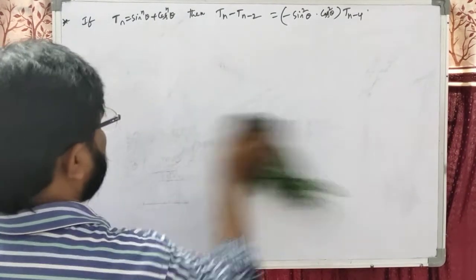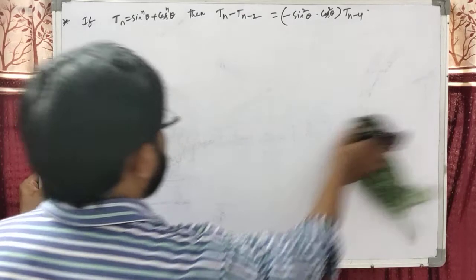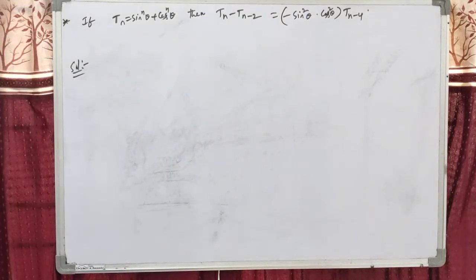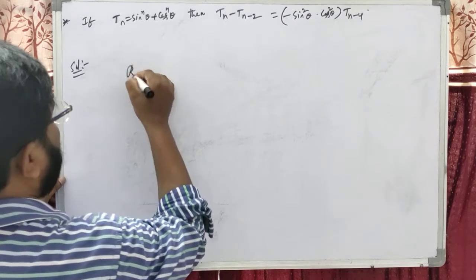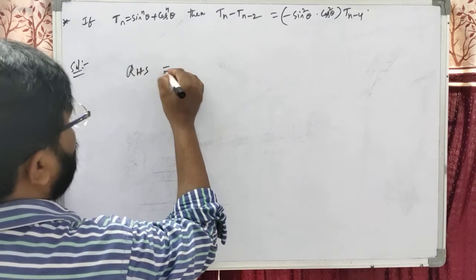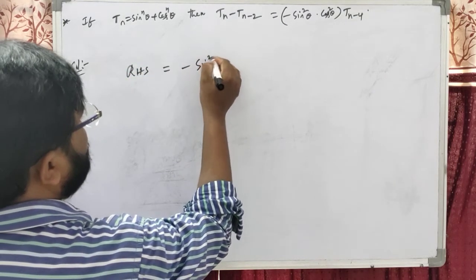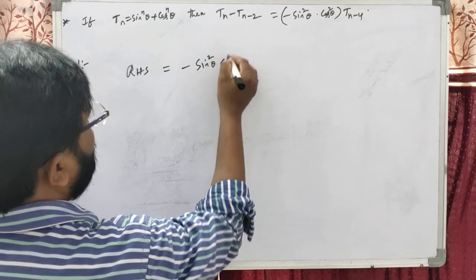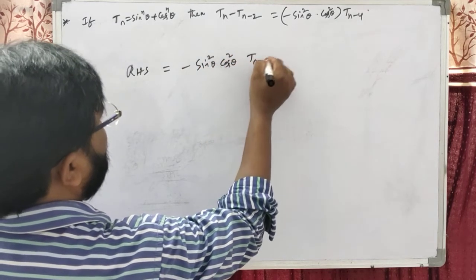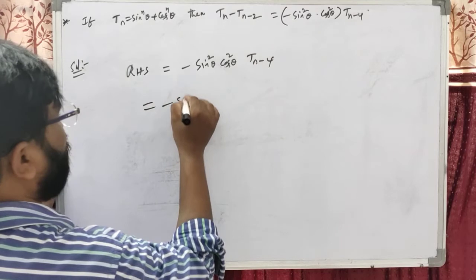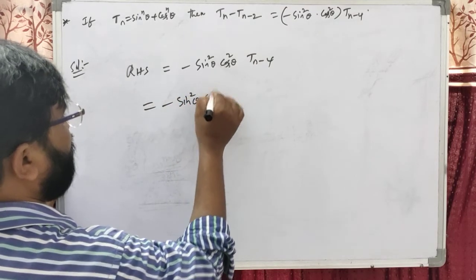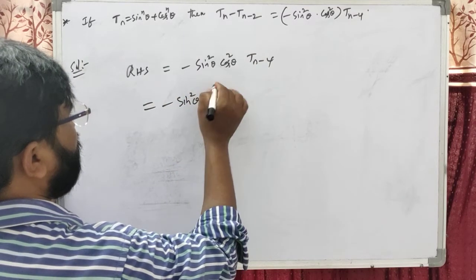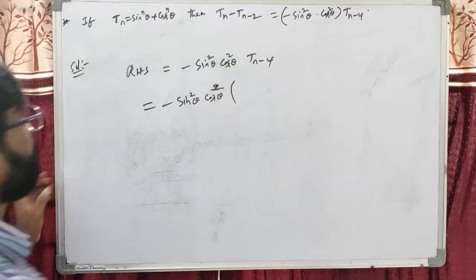Now students, Tn minus 2 is given as minus sin square theta cos square theta Tn minus 4. Dear students, suppose we are taking minus sin square theta cos square theta Tn minus 4. What is this, students?